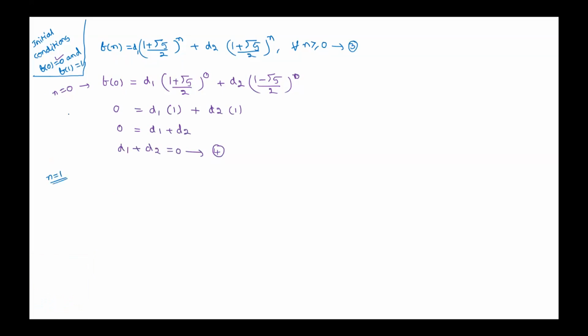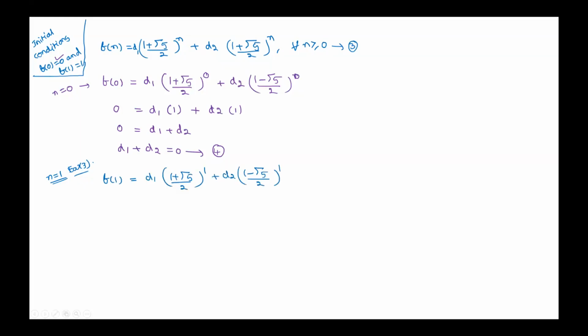Now consider n equal to 1 in equation 3. So what do we get? F of 1 is d1 into 1 plus root 5 by 2 whole power 1, plus d2 into 1 minus root 5 by 2 whole power 1.